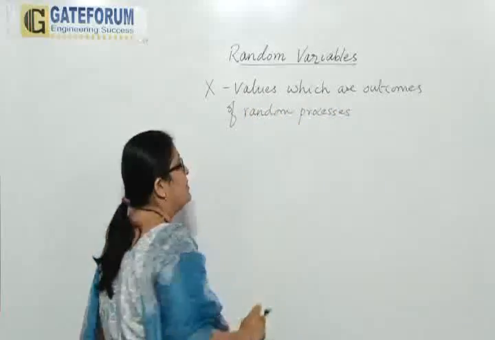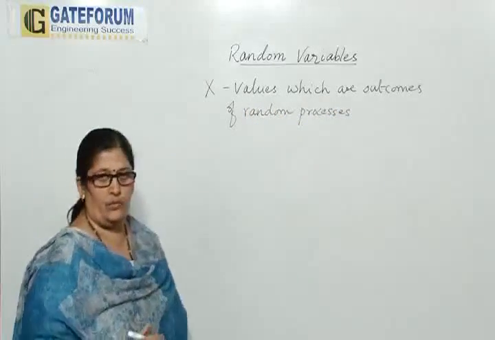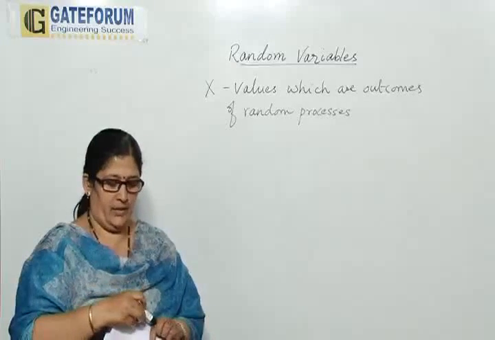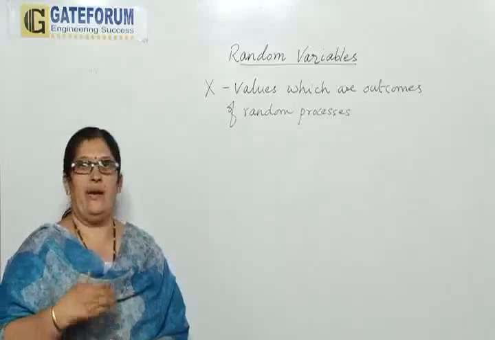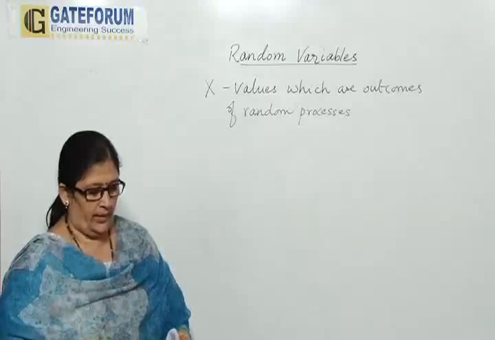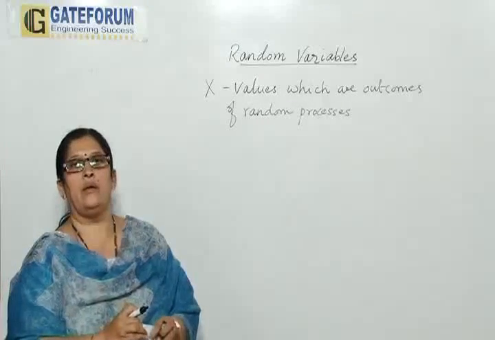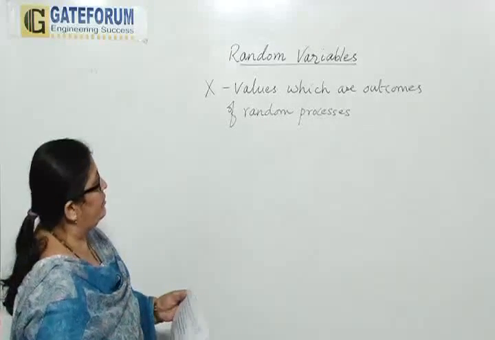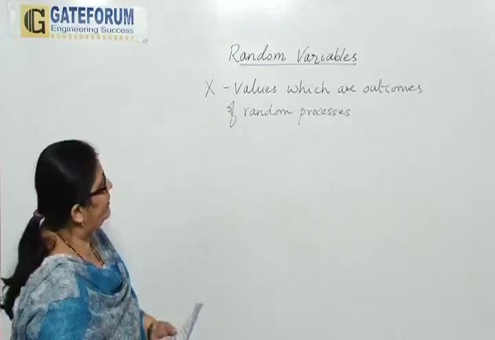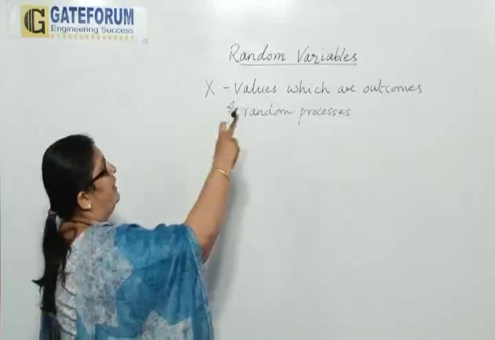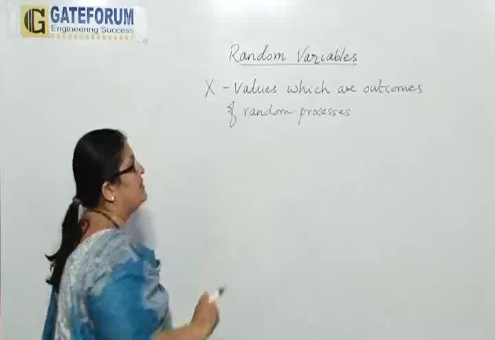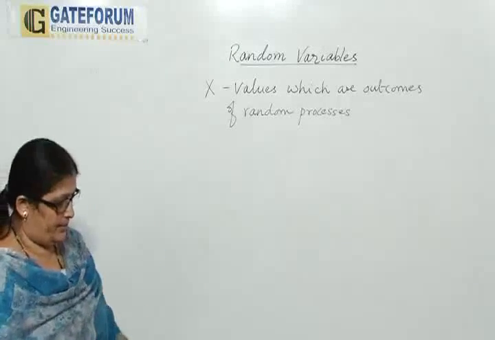And as I am saying values, I basically mean it's a quantified output. We don't want things like good or bad or less or more. These qualitative outputs are not what is looked for, but a quantitative output, and hence a random variable will have a value which is associated as an outcome of a random process.